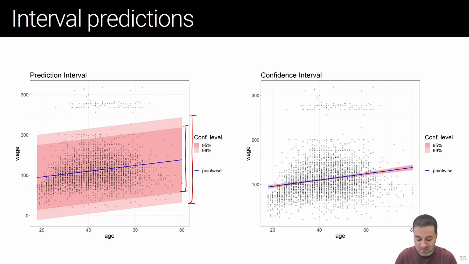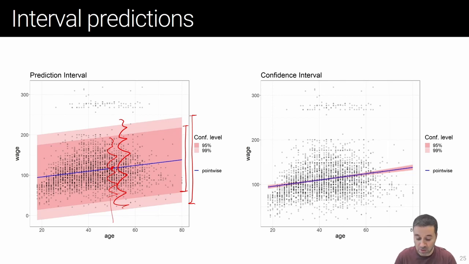Again, technically speaking, it's not really that interpretation, it's rather how many intervals would contain this fraction of predictions, but let's not get into that. So what this shows us is that, yes, the prediction is going to be there, for example, at this value of the age, but any given observation is actually expected to vary this much in 95% of the cases, or this much in 99% of the cases.